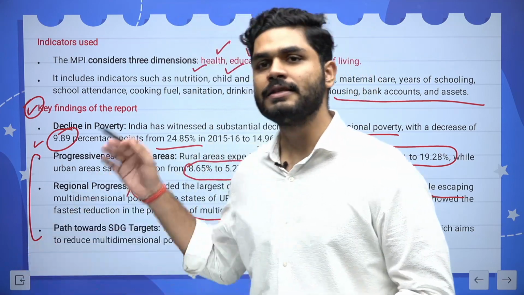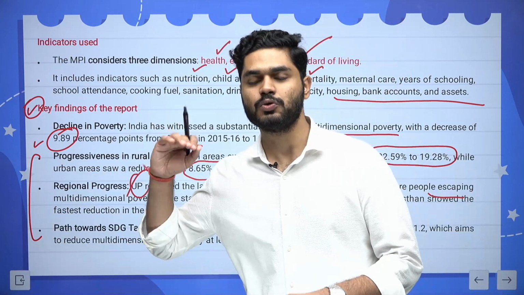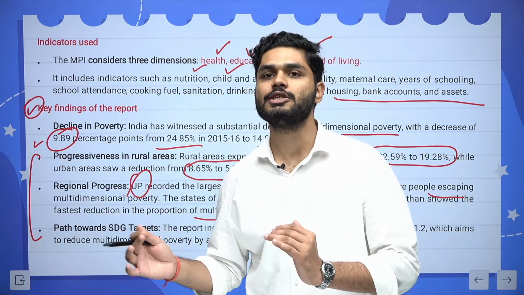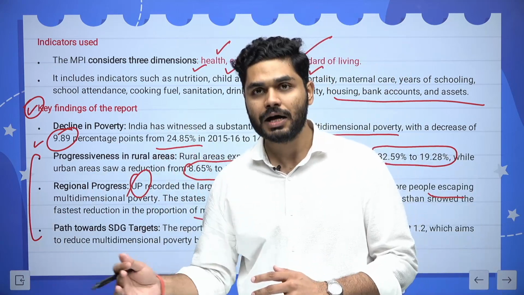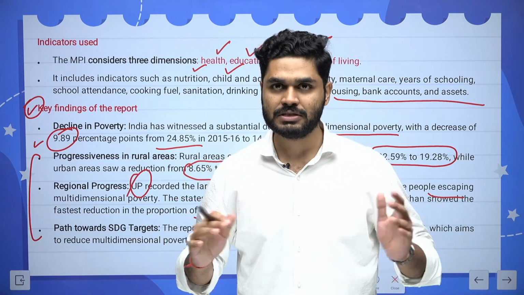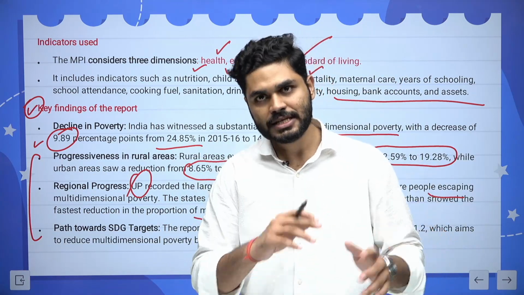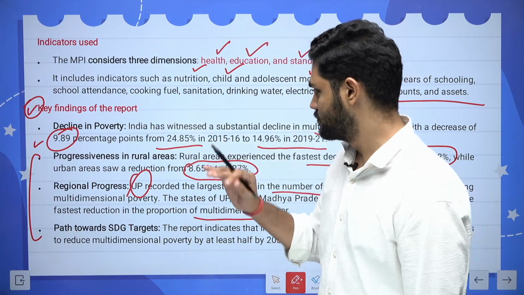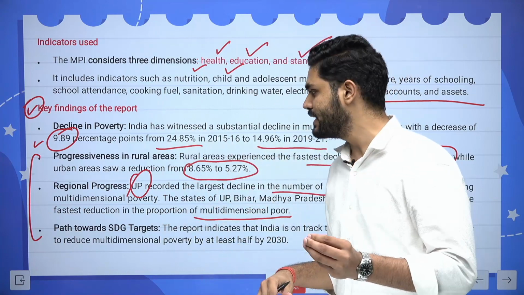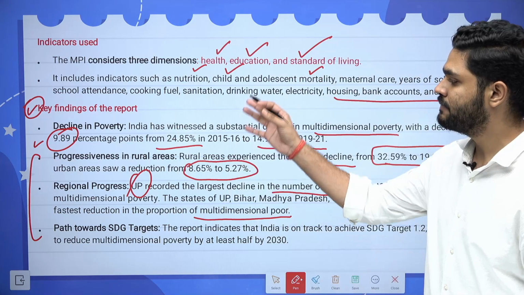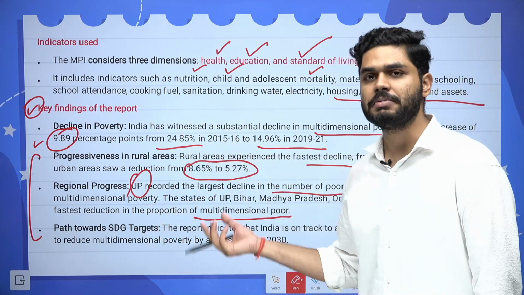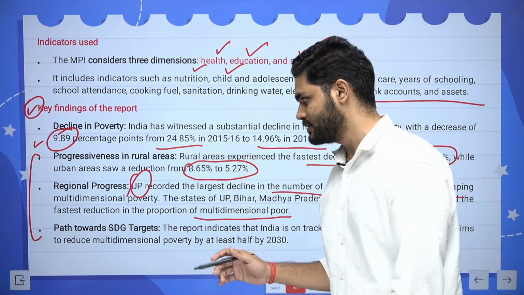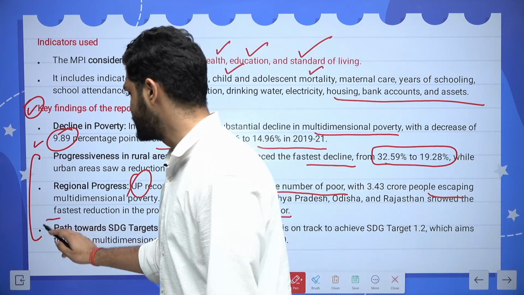Okay, and that is why the scope, just like in rural areas, is larger. That is why the reports are better. The difference in reduction is steeper and bigger in the rural areas. And similarly, the scope in UP, in Bihar, in Rajasthan is also bigger. That is why the records are showing these things.